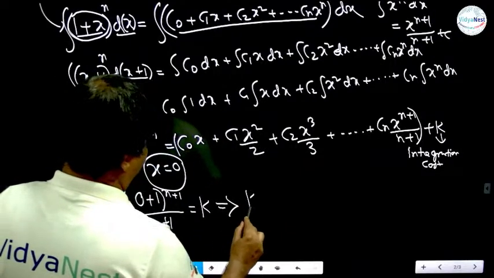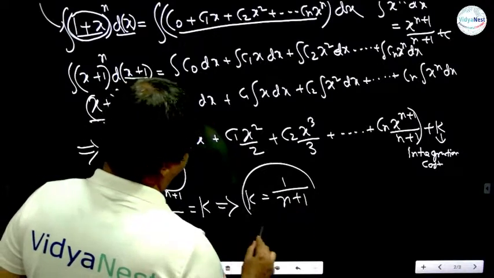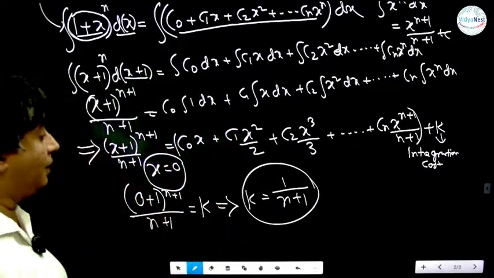So k is 1 by n plus 1. तो k का वैल्यू निकल गया.